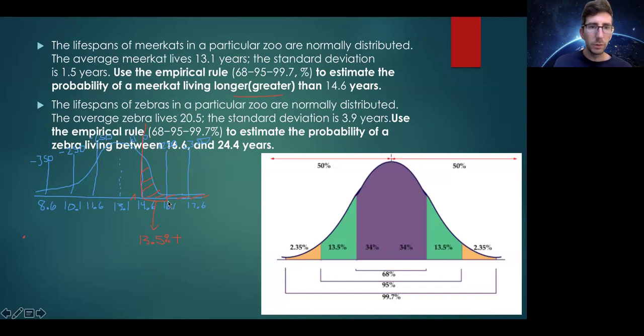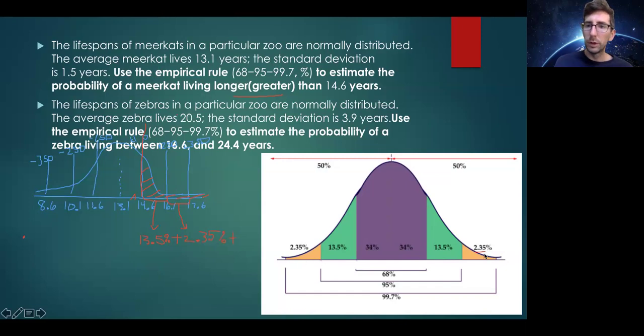And then from 2 standard deviations to 3 standard deviations, in between 2 and 3, we know there is 2.35%.